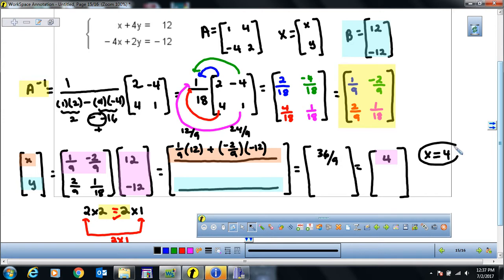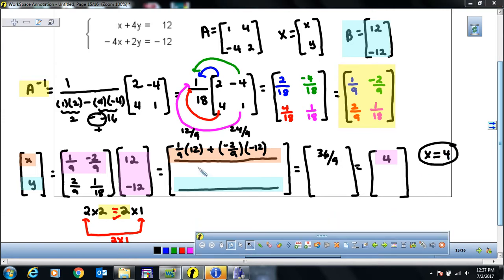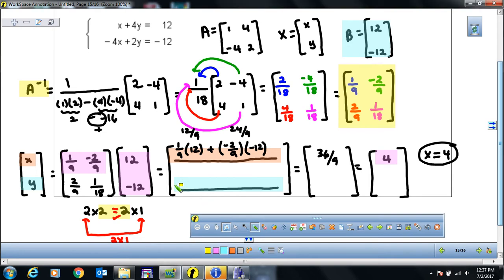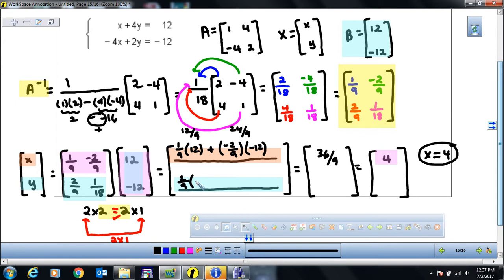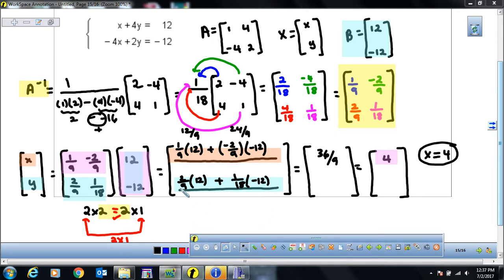Okay. Next, we're going to multiply. This one is located in the second row, first column. So we multiply the second row times the first column. So it would be the 2/9 times 12 and the 1/18 times negative 12. And then you're going to add them. 2/9 times 12 is 24/9.